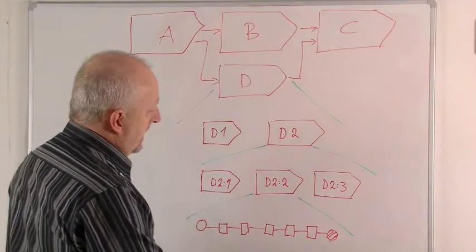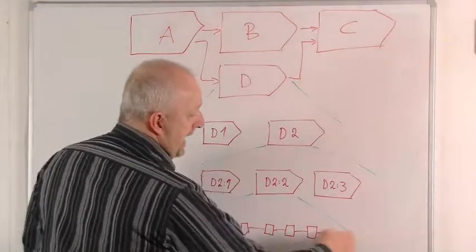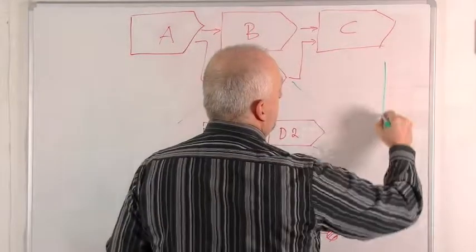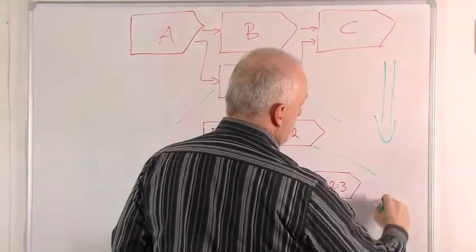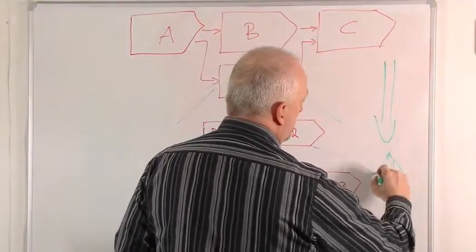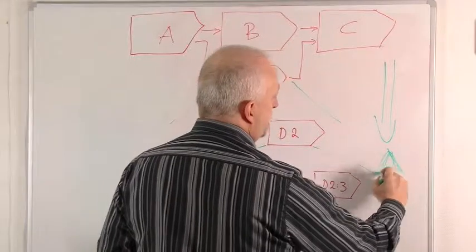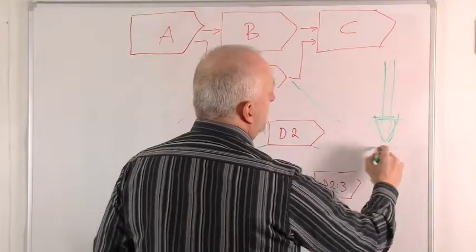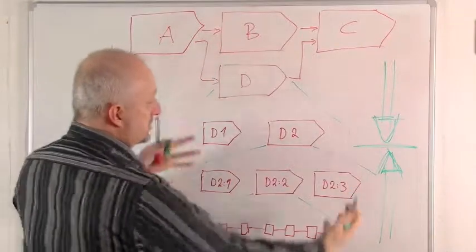So what happens then if you start on top and in the middle? What happens is that you will meet in the middle to form the whole structure. Here you will have the whole structure built.